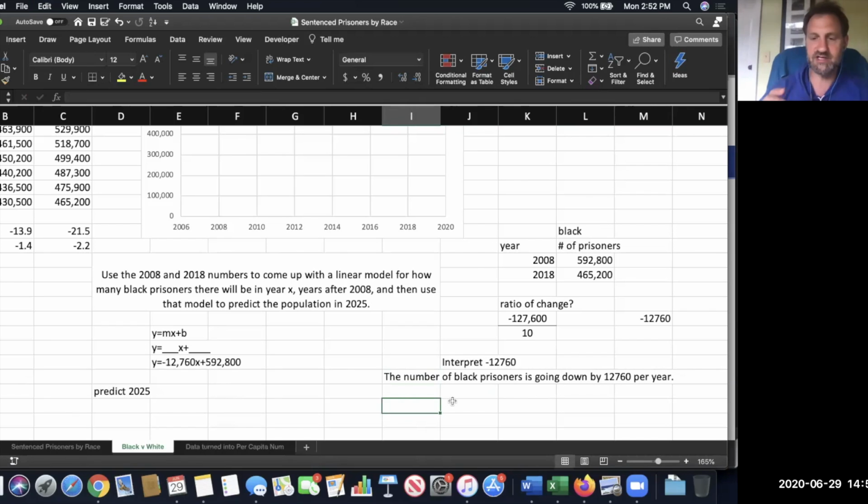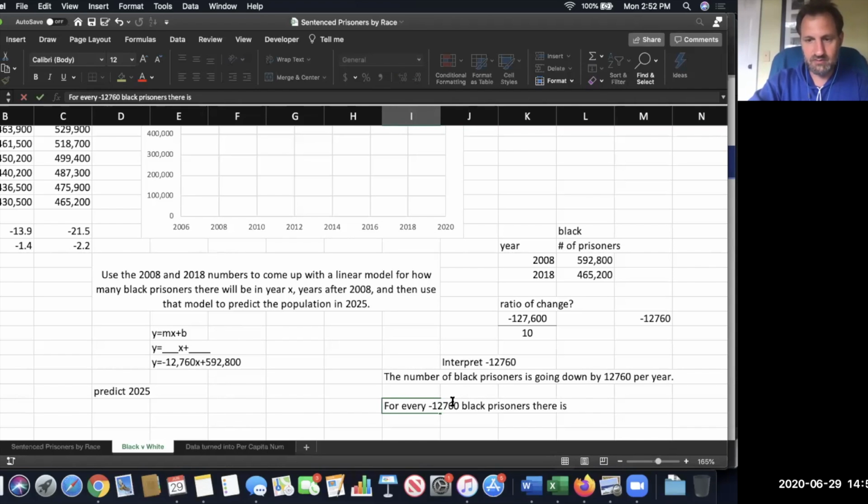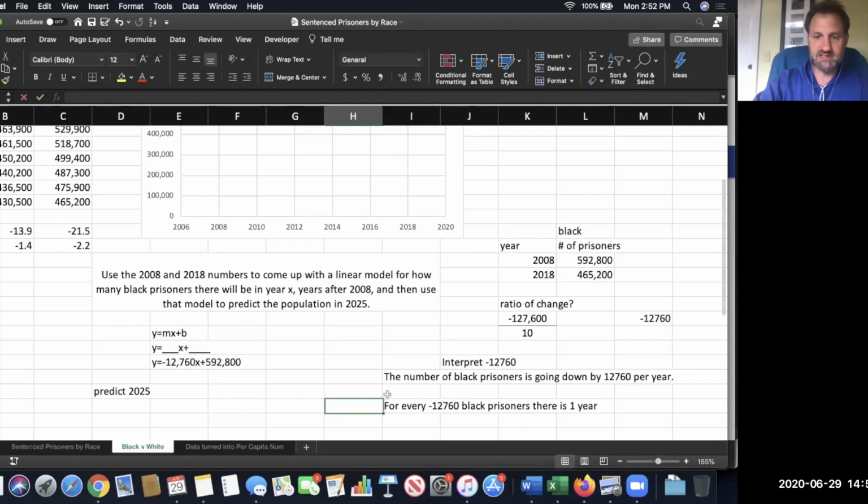I didn't just say for every negative 12,760 Black prisoners, there's 1 year. That's not a good version of the sentence because this is about change. So that's one difference. This is maybe how you would have interpreted it if you went through the process and applied what we did in the first part. So I would say not good, good.